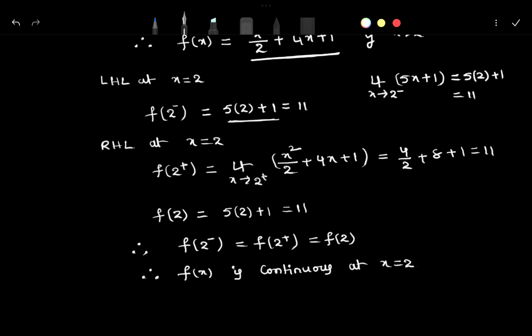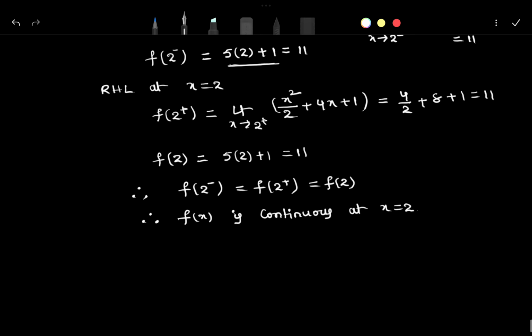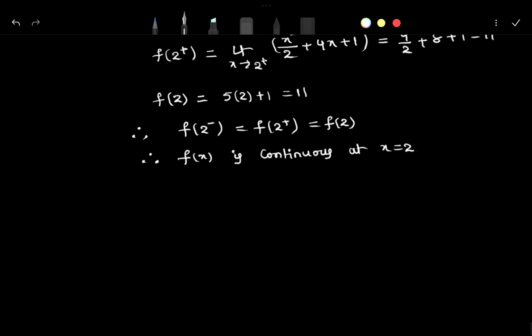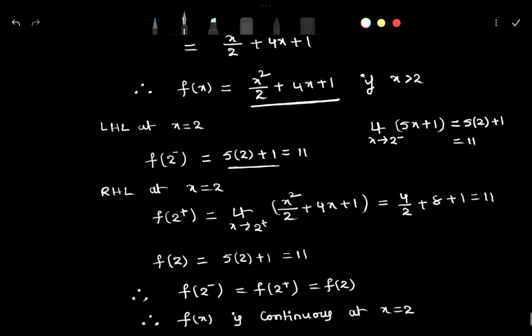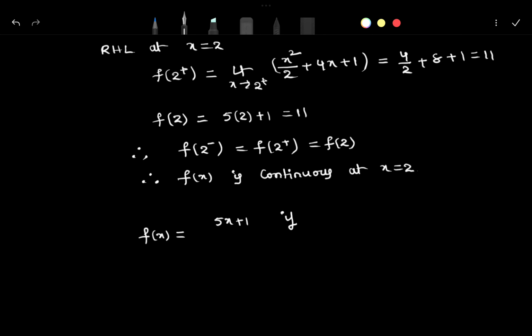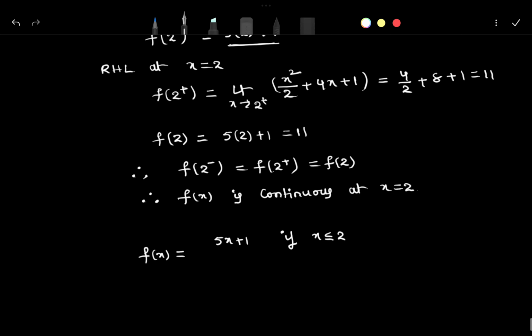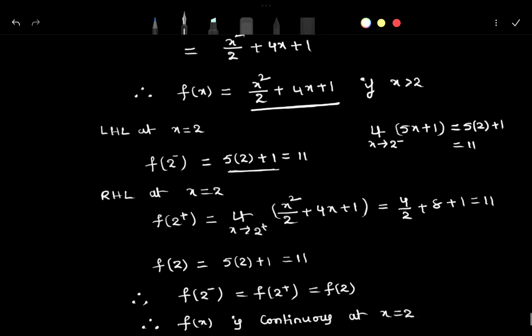So now according to the given options, you verify whether f of x is differentiable or non-differentiable. See here what is the f of x value. F of x is given as 5x plus 1 if x is less than or equal to 2, and when x is greater than 2, what is the f of x value?